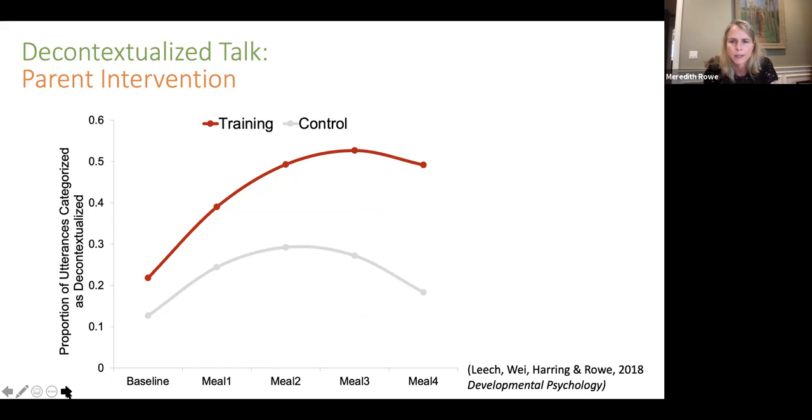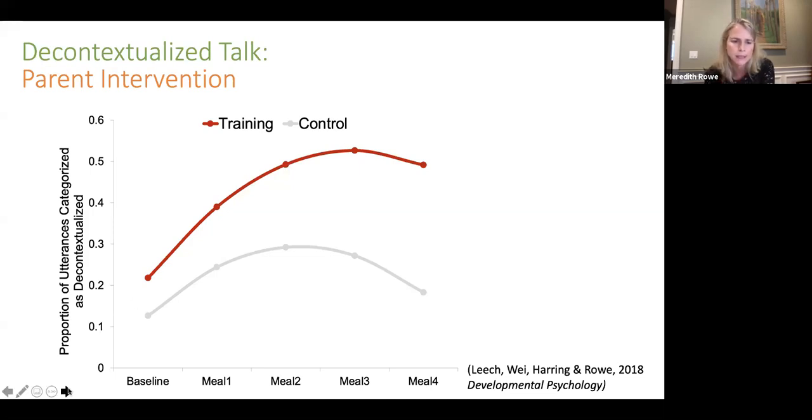But basically there was a significant effect on growth such that the training parents were producing a faster change over time than the control group in their use of decontextualized language. And you can read these as percentages. So at baseline, 10 to 20% of the talk was decontextualized. But by the latter meal times, the training group was using 50% of their talk as decontextualized, which is really quite a lot compared to the control group.